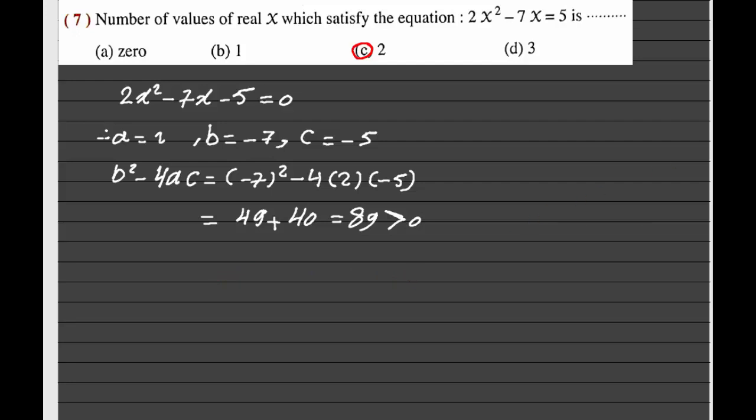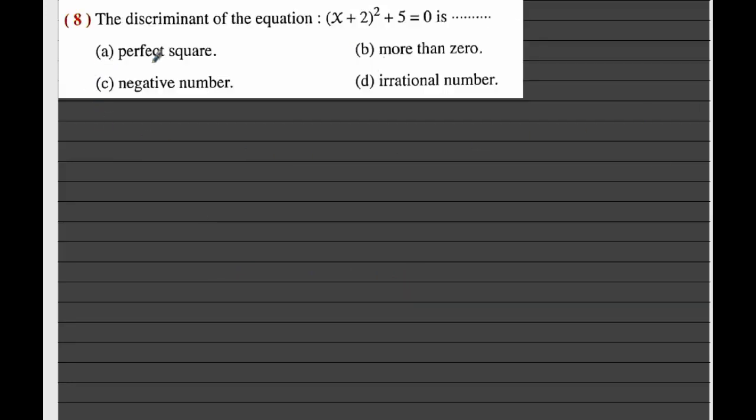Next question, question number 8. The discriminant of the equation (x plus 2) all power 2 plus 5 equals 0. The question here is about the discriminant. Is the discriminant a perfect square, more than 0, a negative number, or an irrational number?